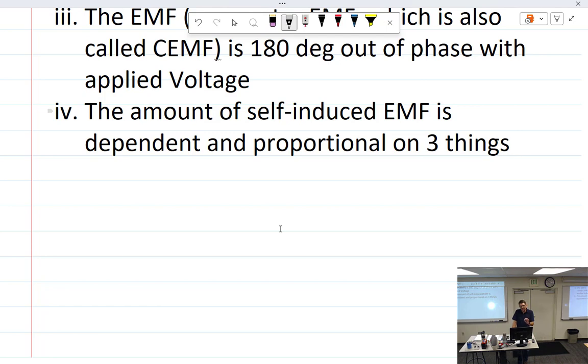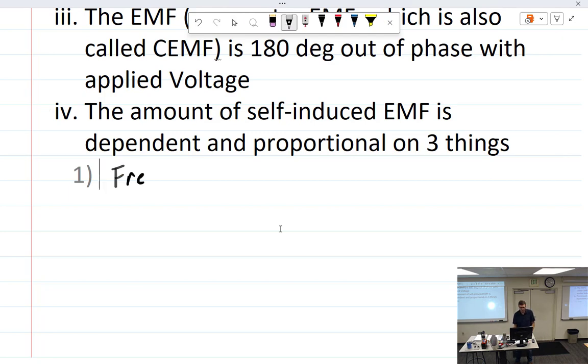The problem is that with coils of wire in an AC circuit, the counter EMF that's produced opposes the current. That is why we have ELI. Voltage comes first, then it causes the current to lag. How bad that gets is dependent upon three things within an inductive circuit.